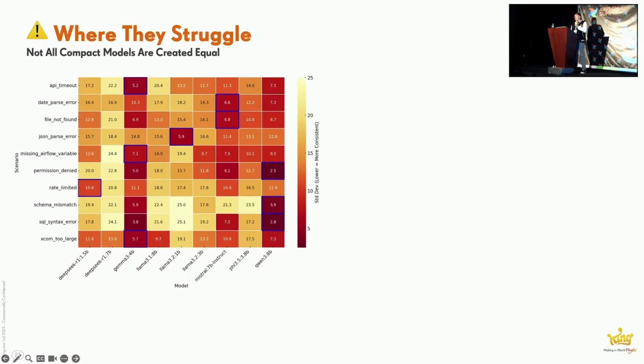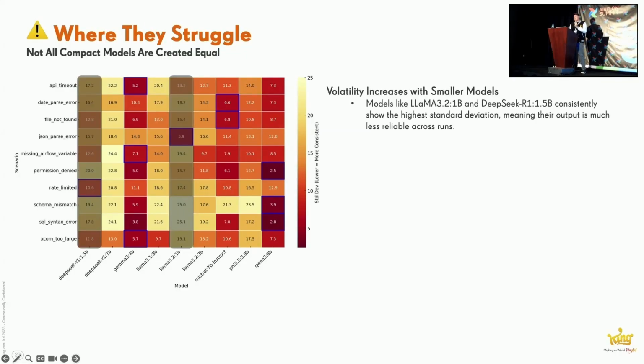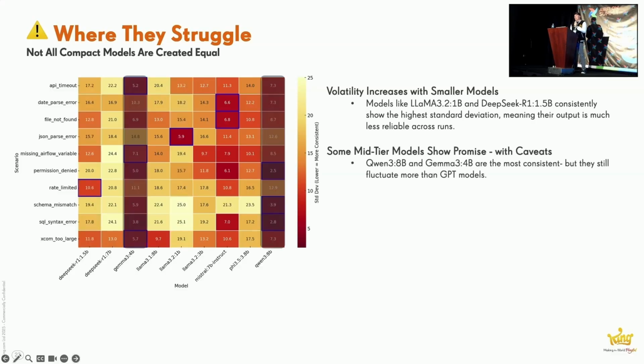This chart shows how much model performance fluctuates across repeated runs, so the higher value represents more variability. Again, volatility is more so with the smaller models. Qwen and Gemma on the other hand seem to be relatively stable for their size, but not at GPT levels of consistency.